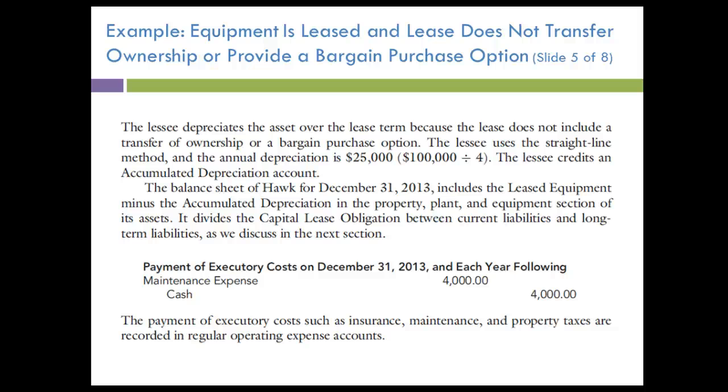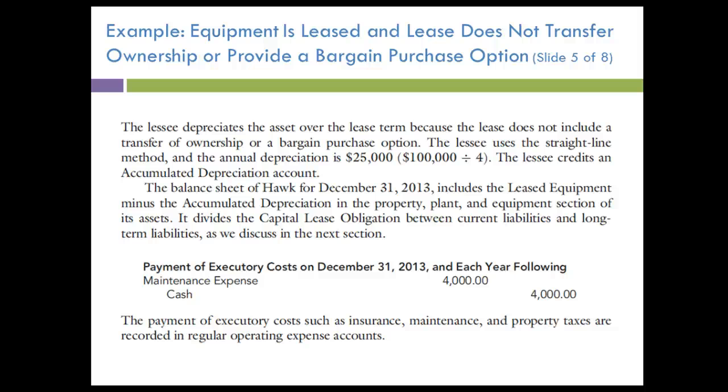So we're just using the annual depreciation of the life of the lease. Now the balance sheet for Hawk is going to include the leased equipment minus that accumulated depreciation, and it's going to divide the capital lease obligation between current liabilities and long-term liabilities based on the current payment of that lease obligation.